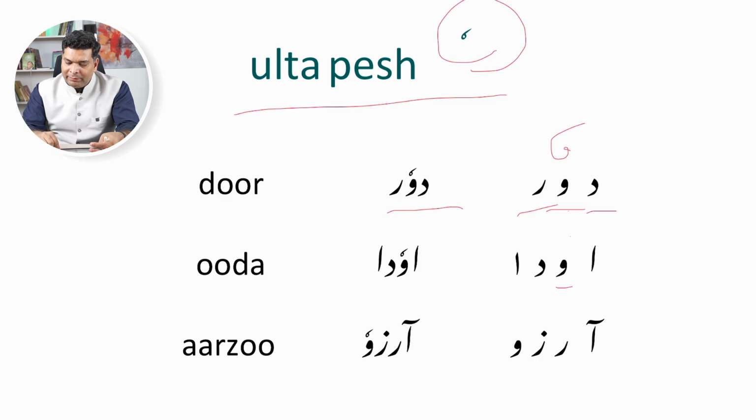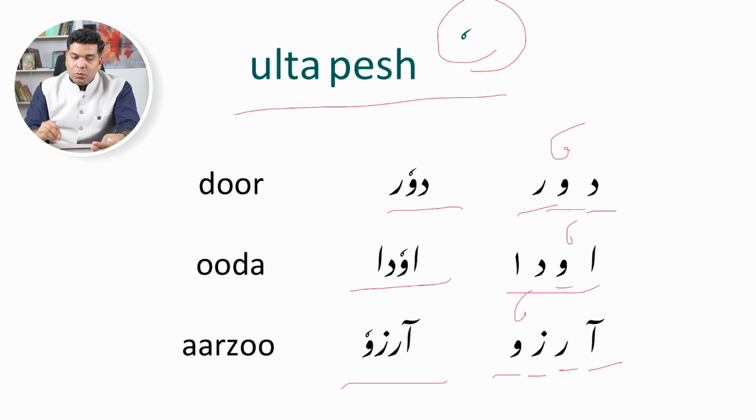Similarly, we have alif, vow, dal, alif, and we have an ulta pesh on top of vow, it becomes uda. Or we have alif, mad, re, ze, and vow in the end, and we have ulta pesh, it becomes arzu. Right? So this is a way for us to identify the oo sound which comes along with vow.